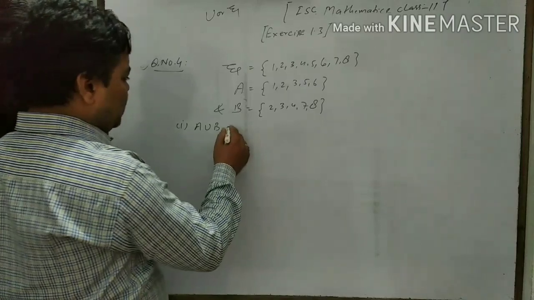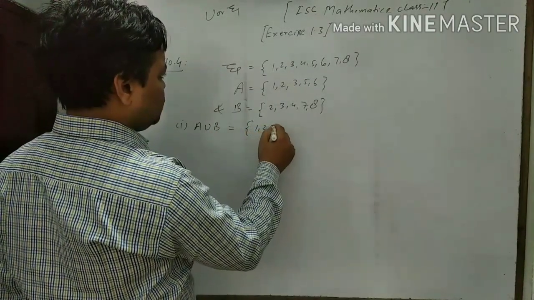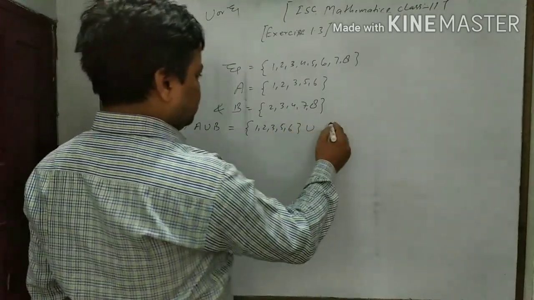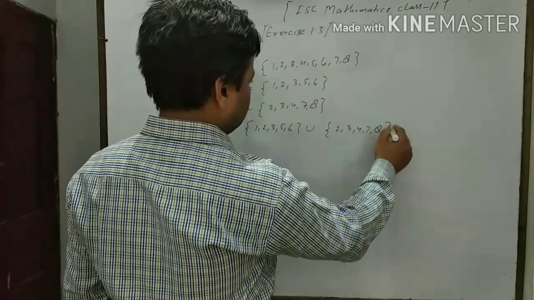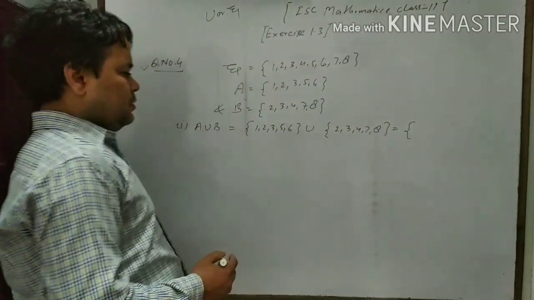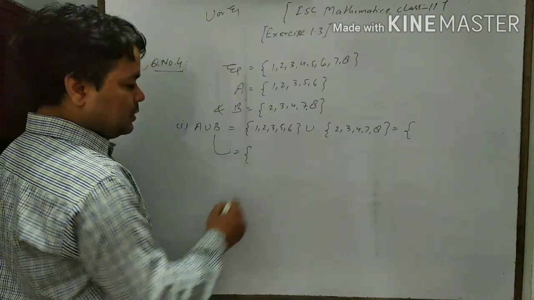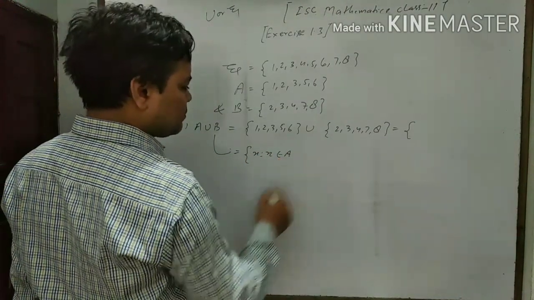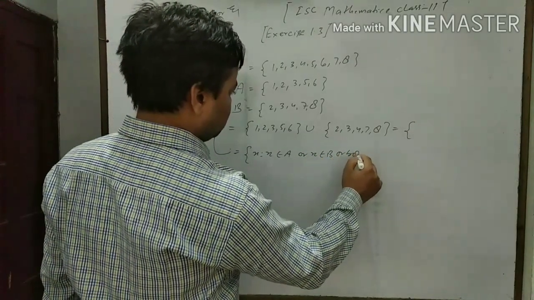A union B, how do we write it? We write set A, that is 1, 2, 3, 5, 6, union the second set 2, 3, 4, 7, 8, and its value will be, what is the definition of A union B? Do you remember? X such that X belongs to A or X belongs to B or both.